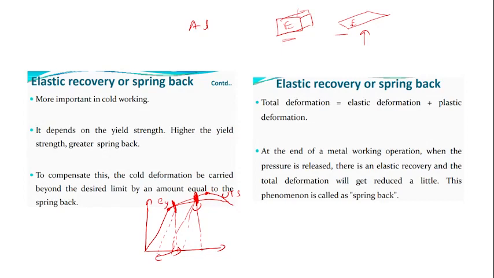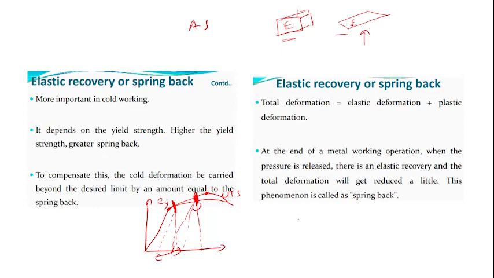That is what we call elastic recovery or springback. So in bulk forming, your plastic deformation is so high compared to your elastic deformation that we mostly ignore the elastic recovery. But in your sheet metal, because the thickness is very small, it cannot be ignored.